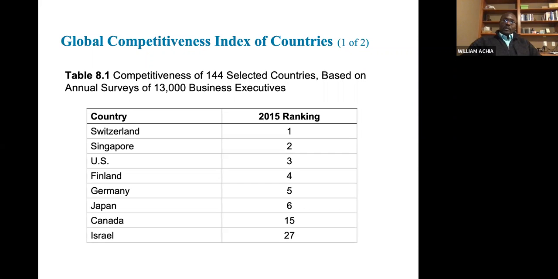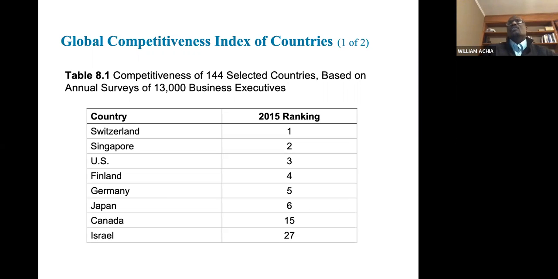so I'm going to skip the Global Competitiveness Index because I want to talk a bit about the quantitative aspects of site locations. But just as a brief summary, the Global Competitiveness Index basically looks at how well a country does in terms of its ability to support business operations.